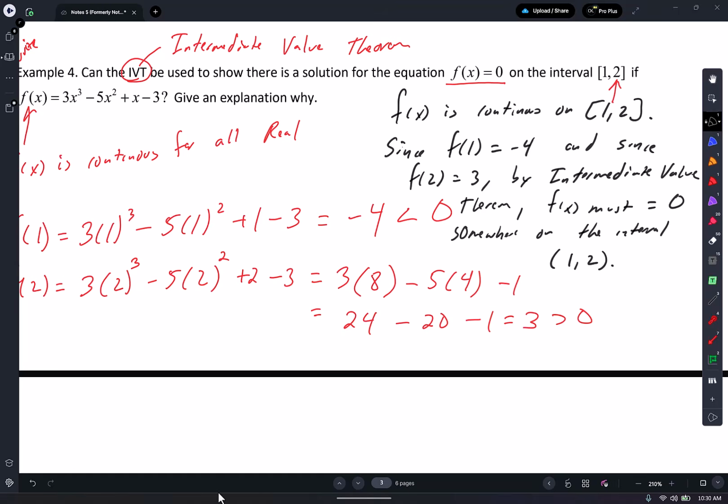Notice that I put parentheses on the 1, 2 because right at 1 it was negative 4, right at 2 it was 3, so it's not happening at 1 or at 2. But it's okay if you were to put brackets, we still would have been fine.